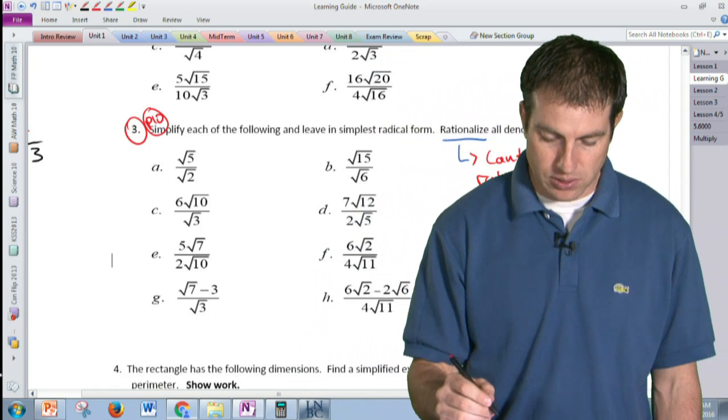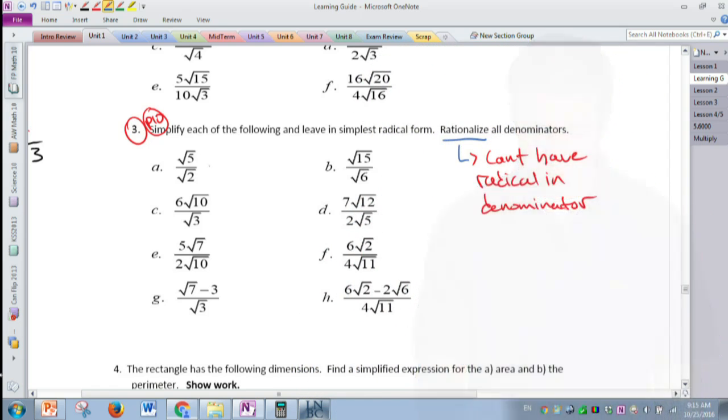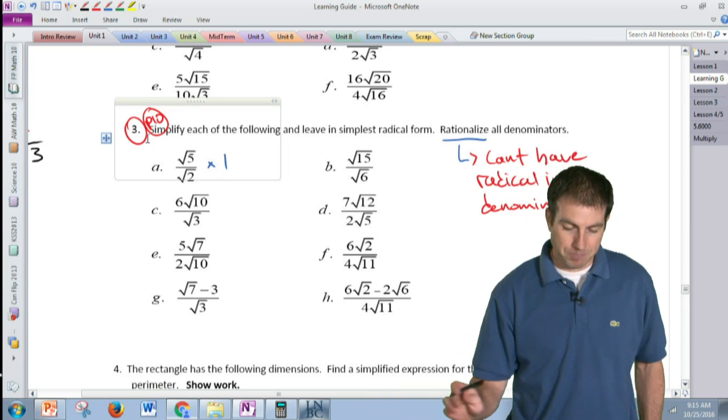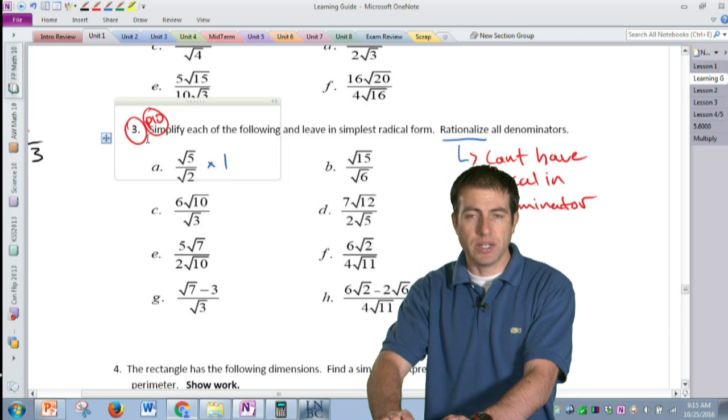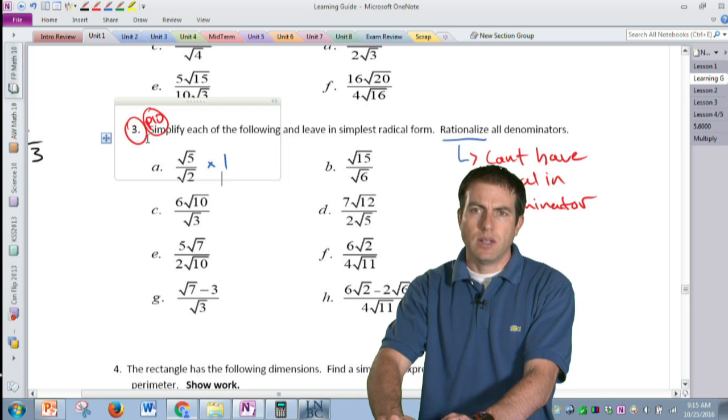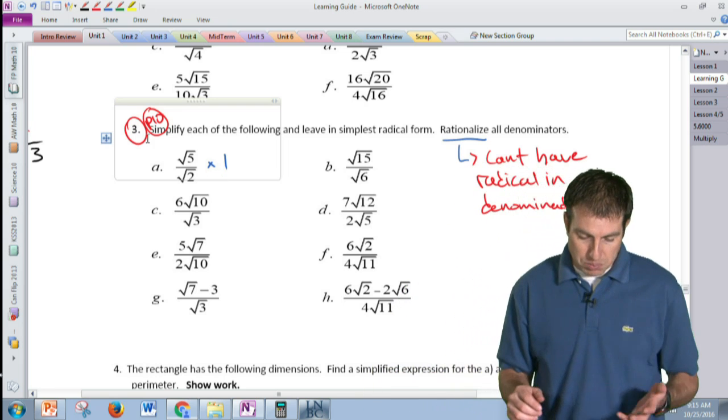Now, let's imagine I had something like root 5 over root 2, and I multiplied it by 1. Are we all happy with multiplying by 1? I can multiply anything by 1, and it just gives me whatever I started with. That's the beauty of 1. So why not multiply this by 1?